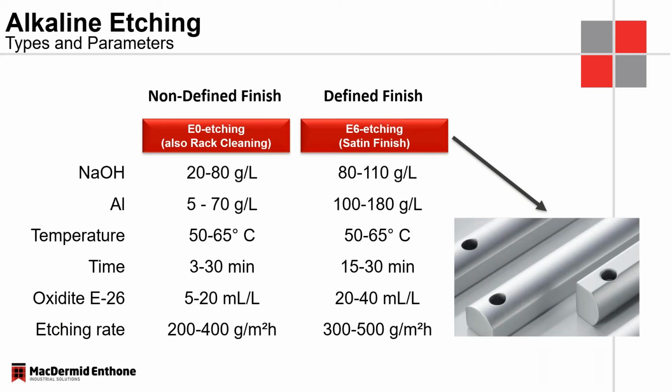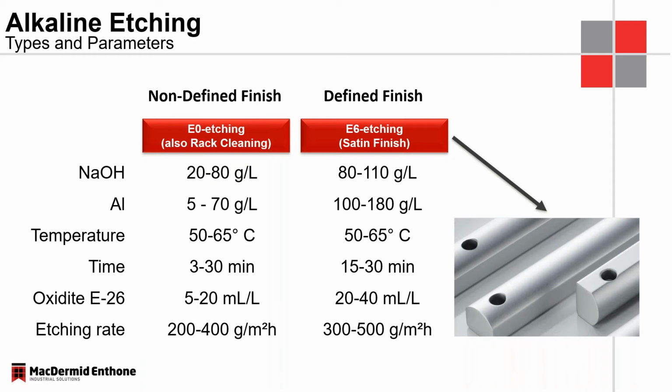If we look at the alkaline etching process, there are two different ways of setting them up. The first one is really for a non-defined finish, and this is more like a stripping etch, where we strip our racks, where we can strip our rework if we do create rework, and it will just remove the aluminum oxide for reprocessing.